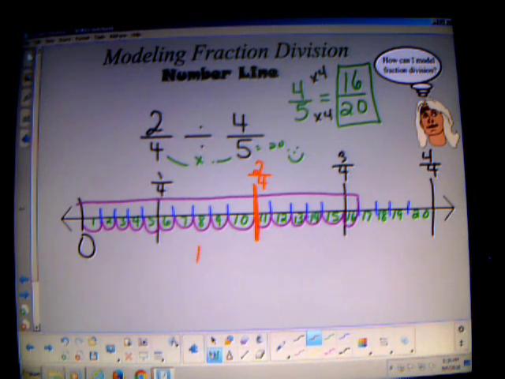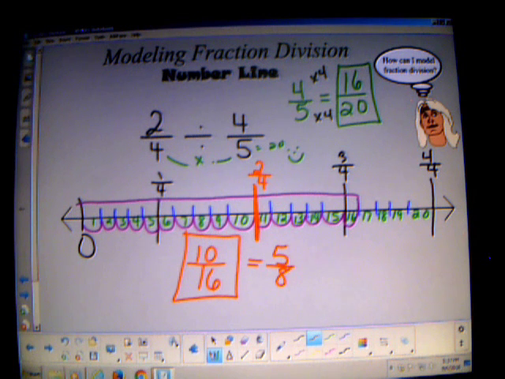I have 10 out of 16. I have 10 pieces, but I needed 16 to make a whole. So I have 10 out of 16, and that is my answer unless I reduce. If I reduce, I have 5/8.